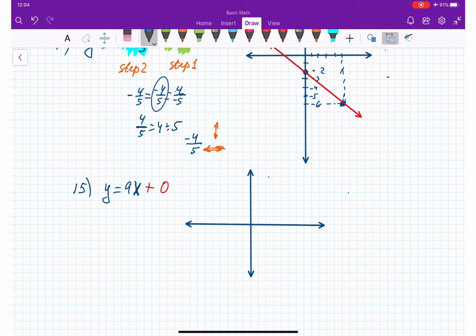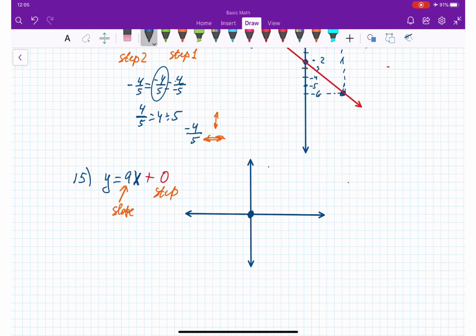Our y-intercept is 0, which means we start from here, 0, 0. That's step 1. And 9 is going to be the slope. So when the slope is 9, we understand 9 over 1, which means I'm going up by 9.